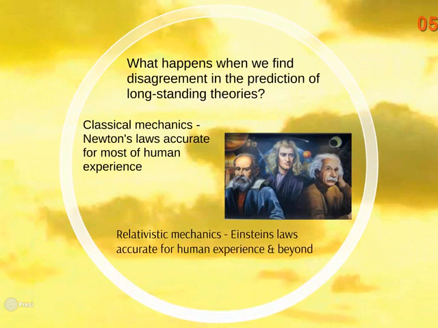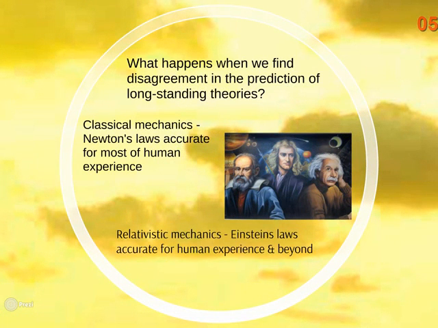So what happens when we find some disagreement in the prediction of long-standing theories? Some examples: for years people believed the Earth was flat, and we have since learned that it is not. Another example is classical mechanics. Newton's laws were accurate to explain mechanics for most of the human experience.